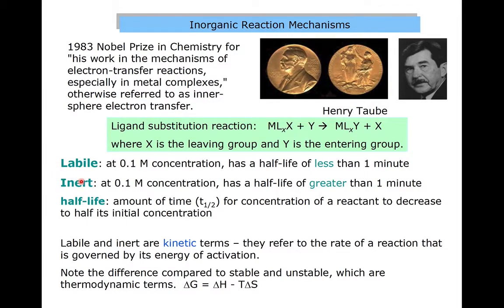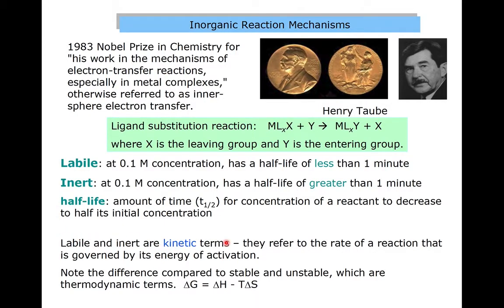An inert complex will, at a concentration of 0.1 molar, have a half-life greater than a minute. So labile is relatively easily lost, and inert is more difficult to lose. The half-life, of course, is the amount of time it takes for the concentration to decrease to half of its initial value.